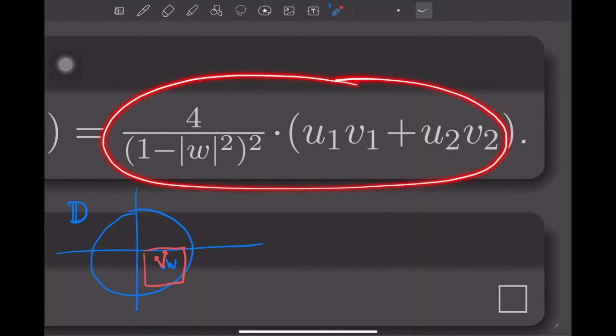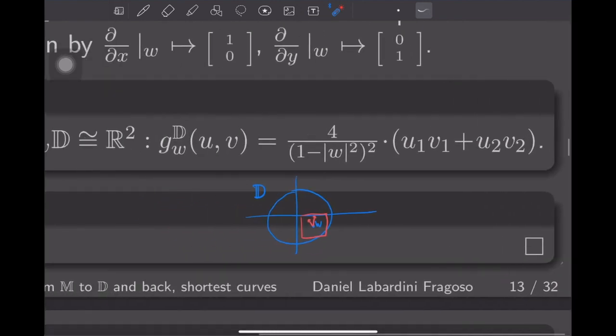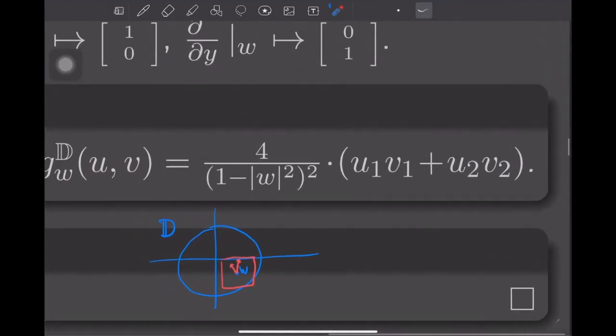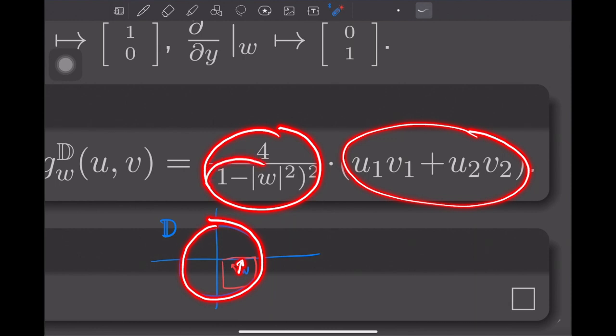So let's say if both vectors are the same, then you are really speaking about the square of the norm. It's the Euclidean norm, except that when it's close to the unit circle, it becomes arbitrarily large. Right?